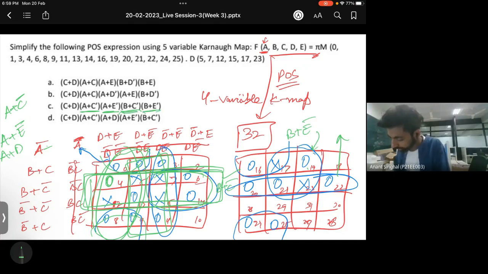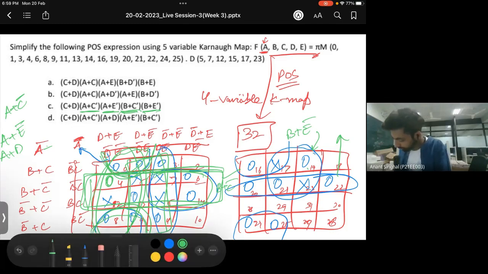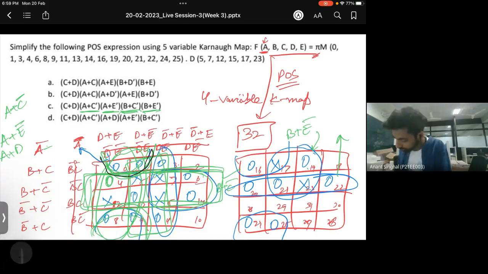These two are also there and one left is C plus D. So what is it, C plus D? Okay, yeah, this. Let me try with some different ink. This is giving C plus D.